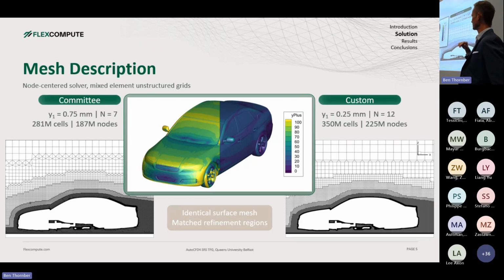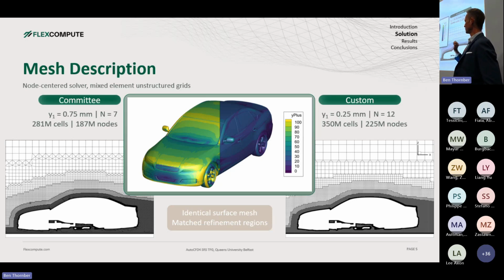So we took a step in trying to work through a custom mesh using ANSA. We tried to mimic refinement regions to the greatest extent possible and continue to maintain the boundary layer coverage that we would have with the committee mesh.